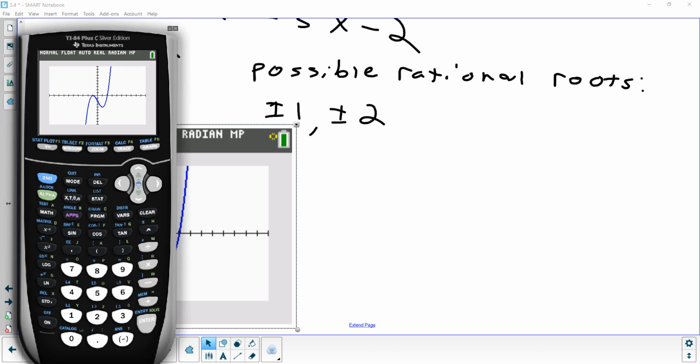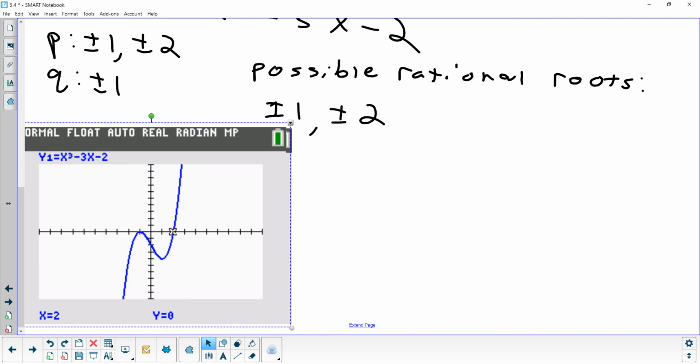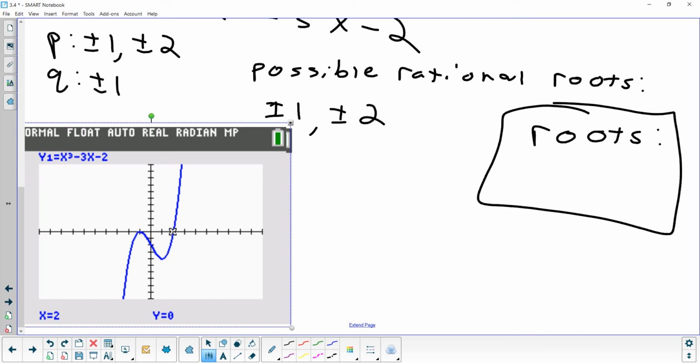All right, let's check it. There might be more than 1, but as long as we find 1, we're good. Yes, positive 2 works. I know that if I plug in positive 2, that is a 0. So I'm going to make a list of my roots. Positive 2 is one of them. Now, what am I going to do with that root? This is kind of like the last problem we did.